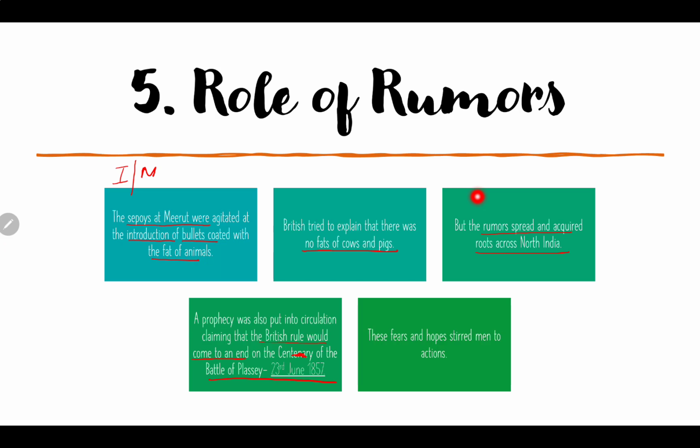Those kinds of rumors spread, and these fears and hopes stirred men into action. People didn't want to be subordinate. They didn't want the British government to be their leader. They wanted their own native people to be their leader. So these kinds of rumors also played a very vital role in triggering the people of India and causing the first war of independence.